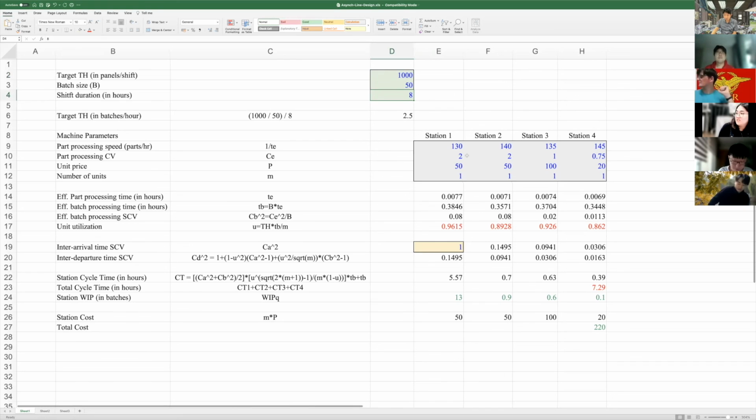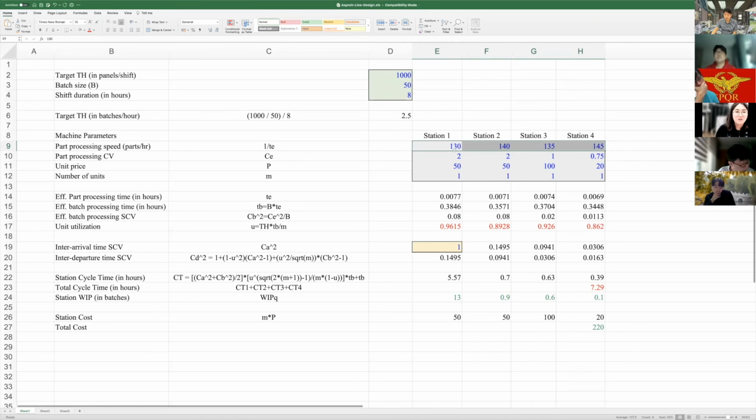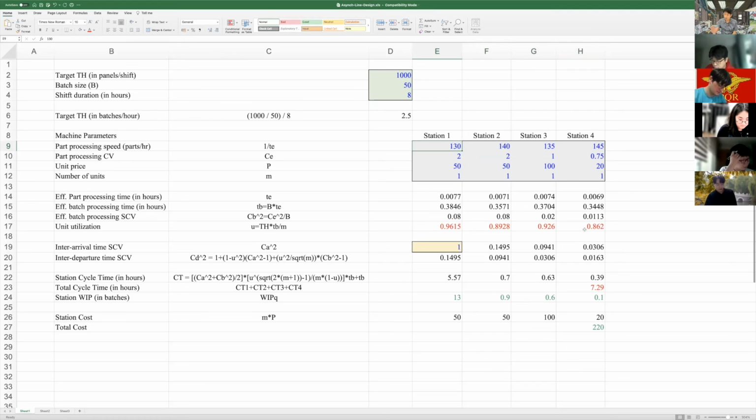So at least each machine has to secure a capacity, this processing speed, bigger than 125. If any machine's number is smaller than 125, this system will not operate correctly.